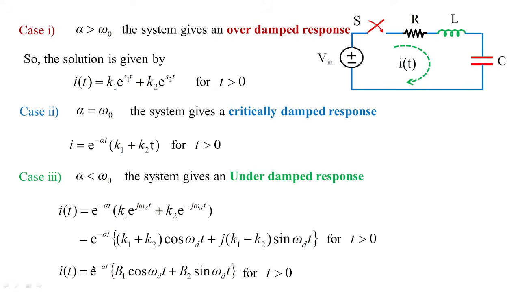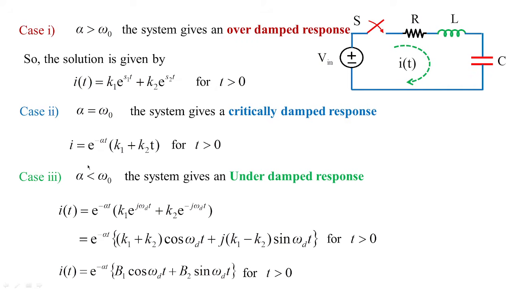Further, it can be changed to e to the power of minus alpha t times B1 cos omega d t plus B2 sin omega d t for t greater than 0, where B1 is equal to K1 plus K2, and B2 is equal to K1 minus K2.